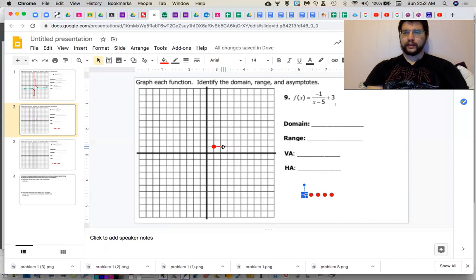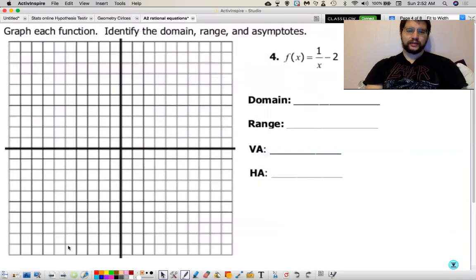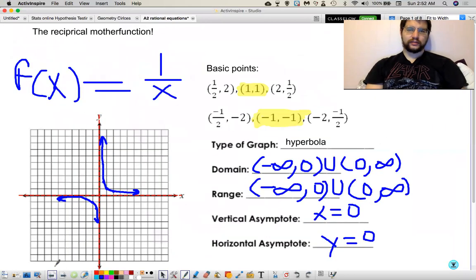So after you kind of understand how to do it, you can just use these 2 points here. I'll be okay with that. I'm sure Mr. Doyle will be too. If you want to, you can plot all 6 points, but really, these right here are the 2 main ones. If you have these and you have your asymptotes, you pretty much have your graph.